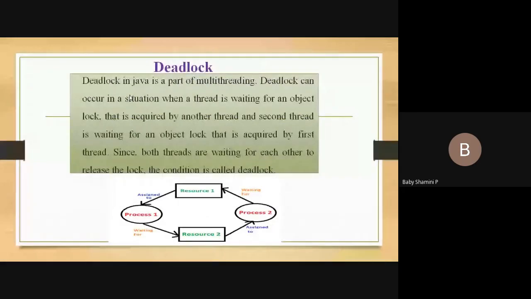See the diagram. Here we have resource R1 and resource R2, two resources. If process 1 wants to complete its task, it needs resource 1 and also resource 2.